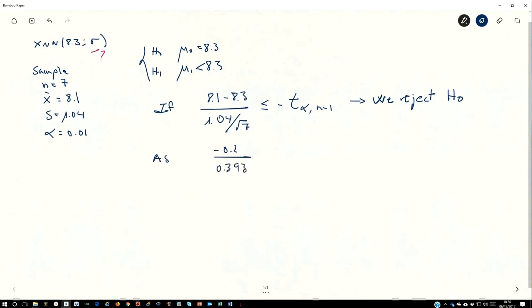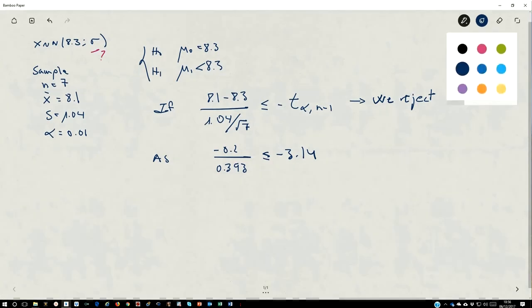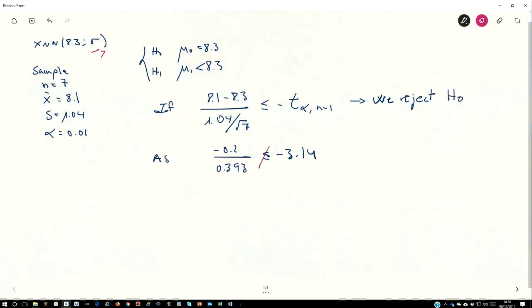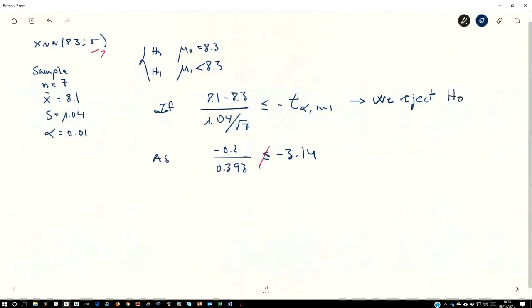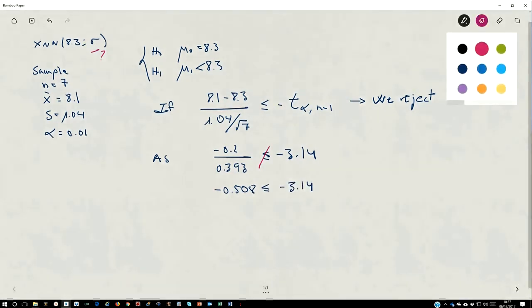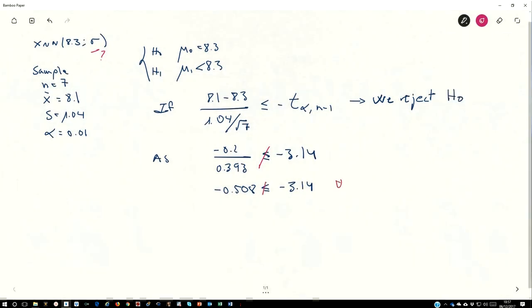As in this case, the value is equal to minus 0.2 divided by 0.393, and this value is not lower than minus 3.14, that is the critical value, we cannot reject the null hypothesis, so we can say that this new specific coming from this laboratory is not going to improve or reduce the time in recovering from a flu.